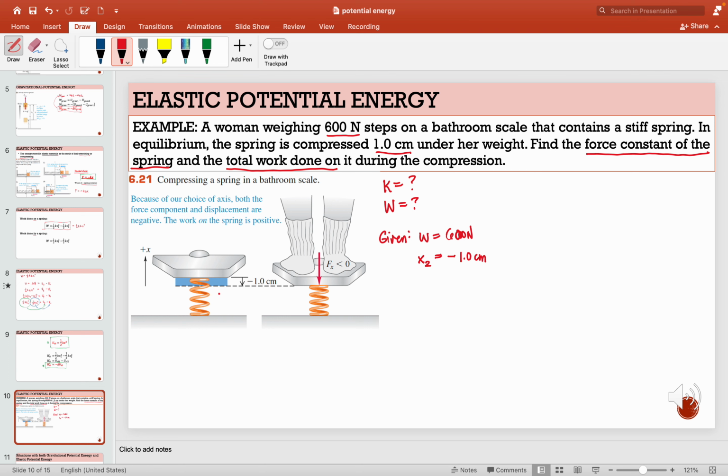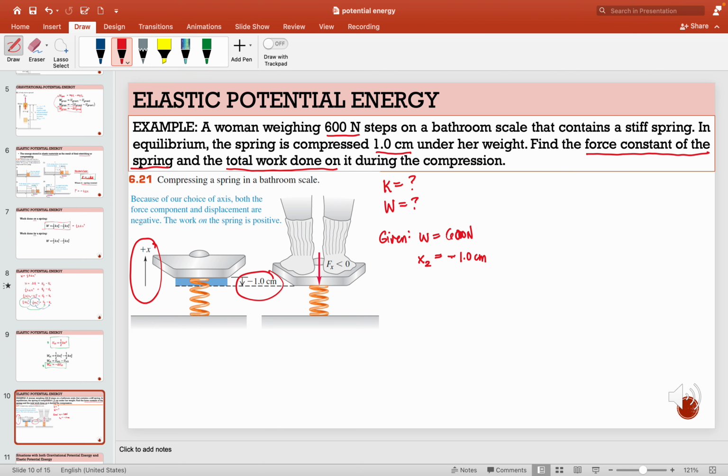Now, notice here in the figure that the upward direction is on the positive x. So it means, since the woman steps on the bathroom scale, it is compressed by 1 centimeter. That's why we have negative, because the direction of the compression is going on the negative x-axis.